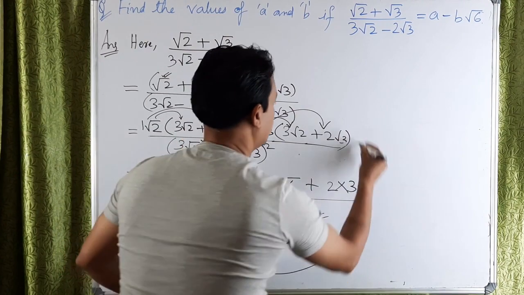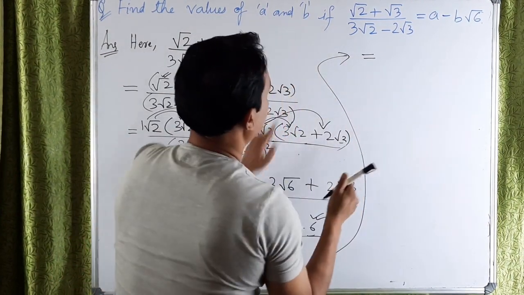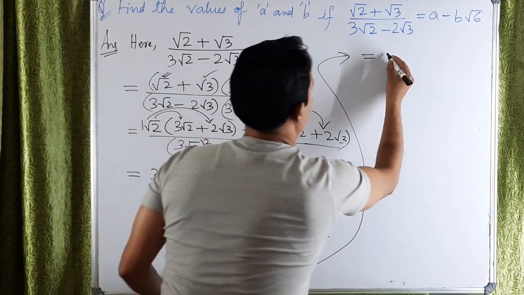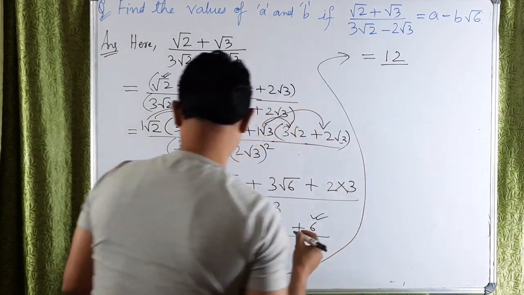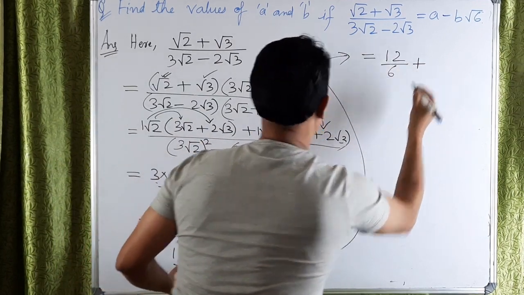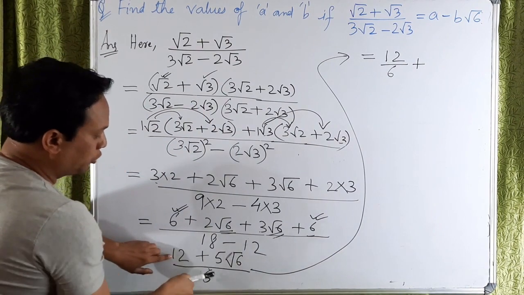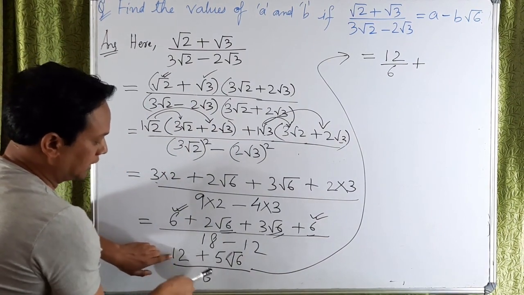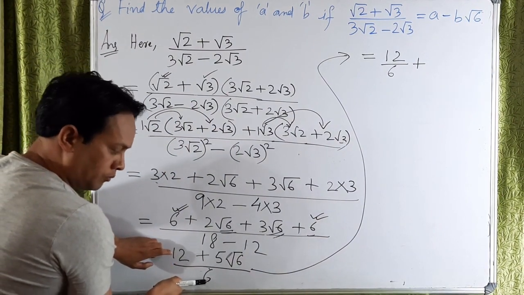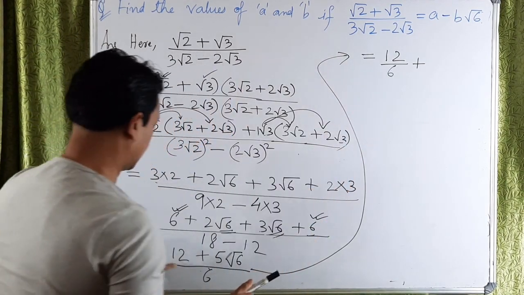So if I continue here, what will I get in the next line? Since I want to make it in that form, we will divide 12 by 6. So in the middle, let's put plus only. But this 6 is the denominator of both. Don't cancel directly, because 6 is the denominator of this as well as this. You have to distribute, then cancel.